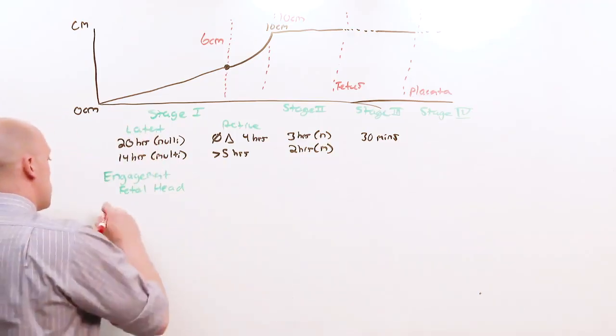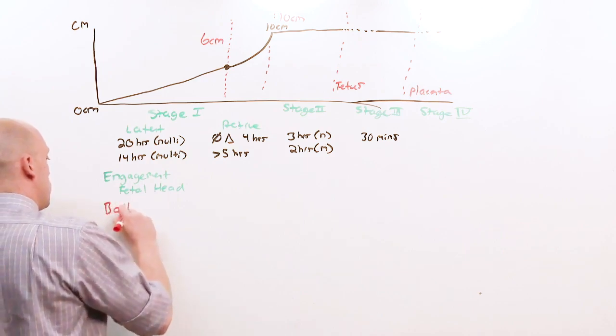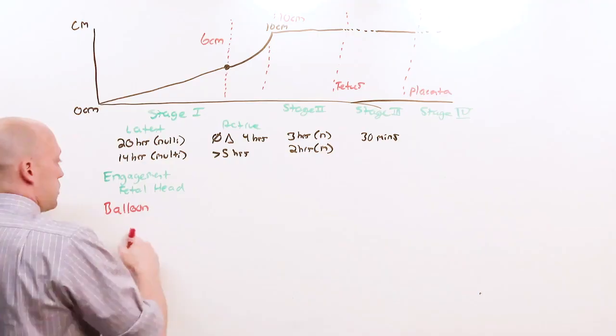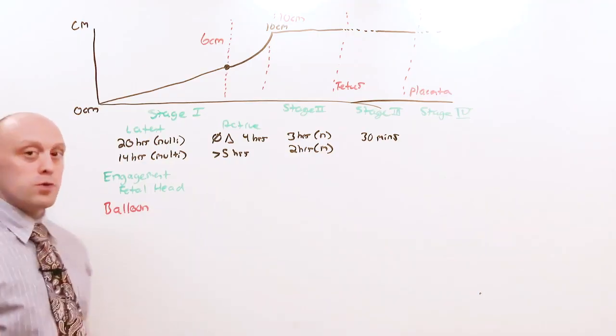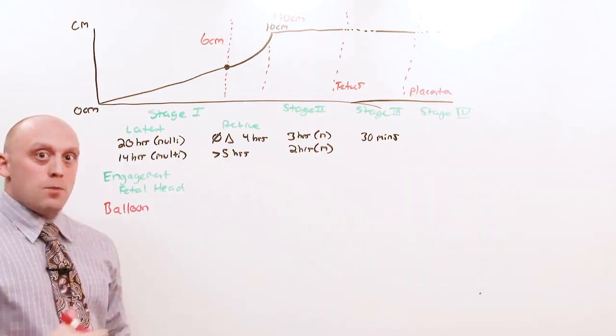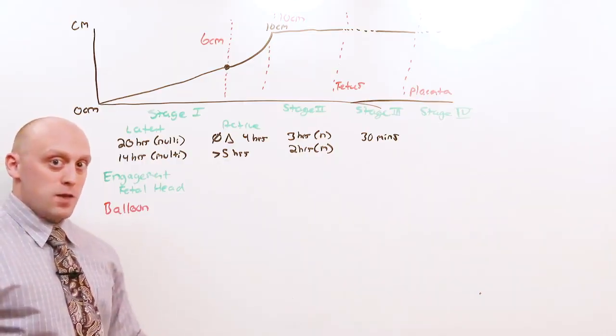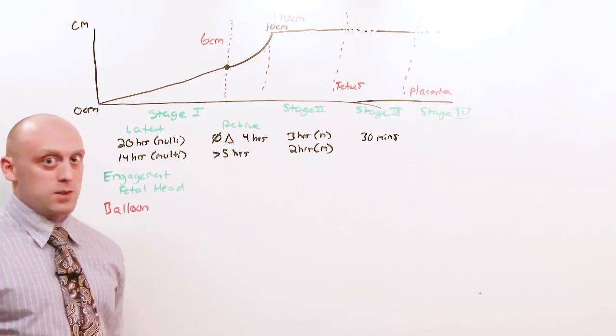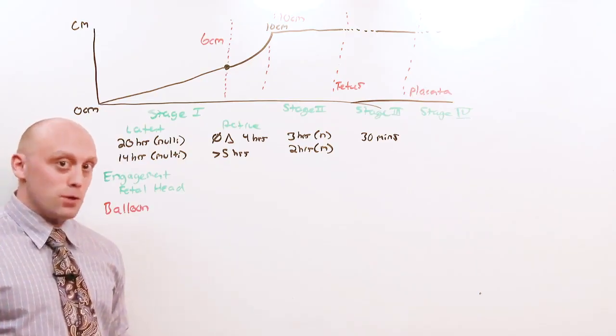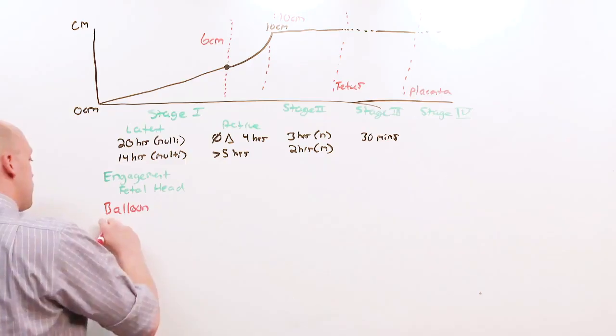The first thing you can do is use a balloon. You insert the balloon and inflate it, and actually just tug on it as though the balloon is the fetus's head. But mom's got this fluid sac in there that keeps baby from coming into contact with stuff. So if her water hasn't broke, you can do an amniotomy.